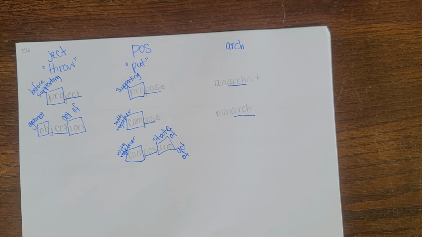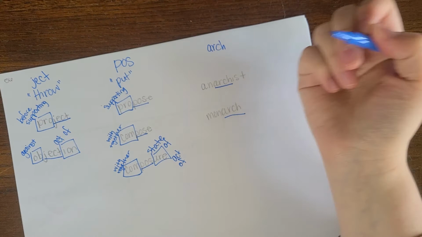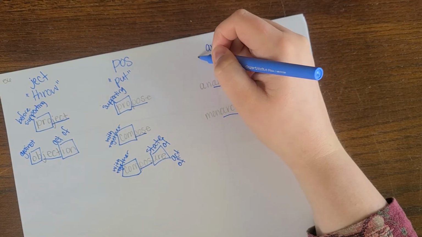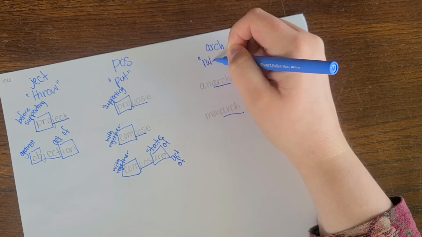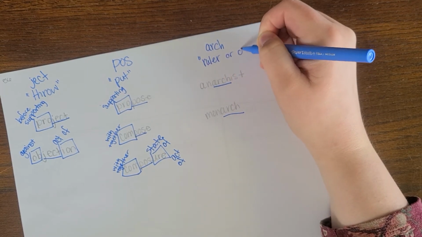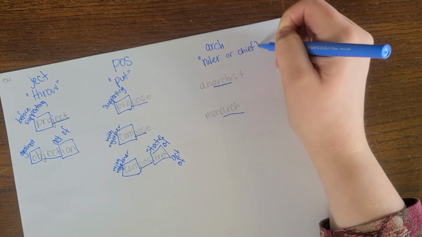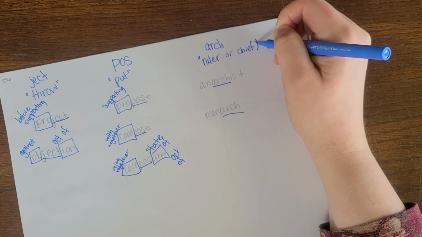An anarchist is unwilling to accept government interference in his life. He wants to have no ruler and no government. This monarch has been the sole ruler of her country for the last 20 years. So monarch or anarchist, the word root arc means "ruler" or "chief." I'm going to do quotes there.